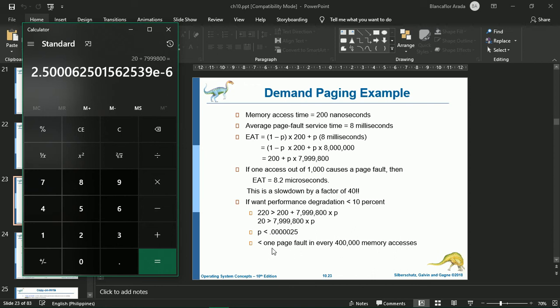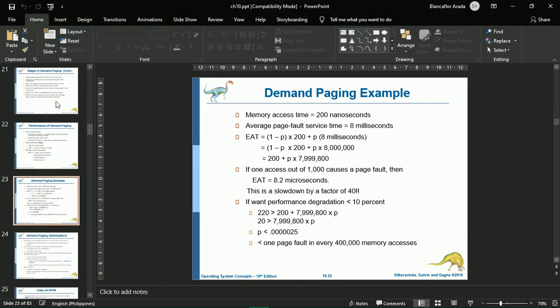So that is less than 1 page fault in every 400,000 memory accesses. That is to keep the slowdown due to paging at a reasonable level. We can allow fewer than one page fault out of 399,992 memory accesses. Okay, so this is how we solve demand paging with a given memory access time and average page fault service time.